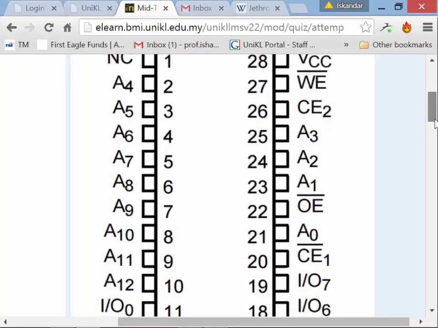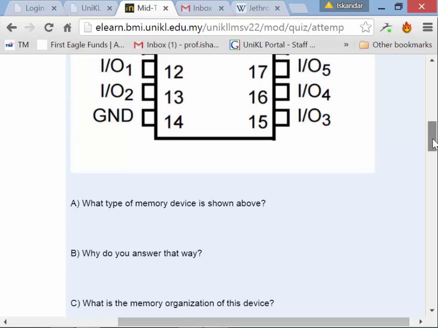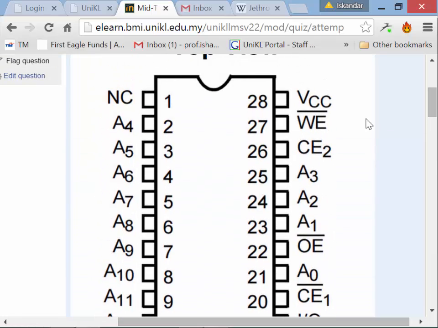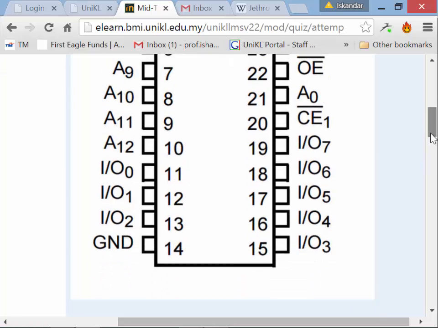Why did we answer this? Is that we have 2 lines here called write enable and output enable. That means that we can read or write to this chip, which means that it's a RAM. And we also have the input and output lines labeled as I/O NOT. So this is a RAM.